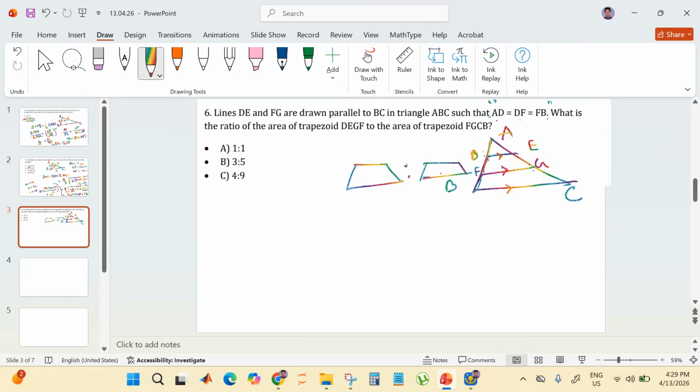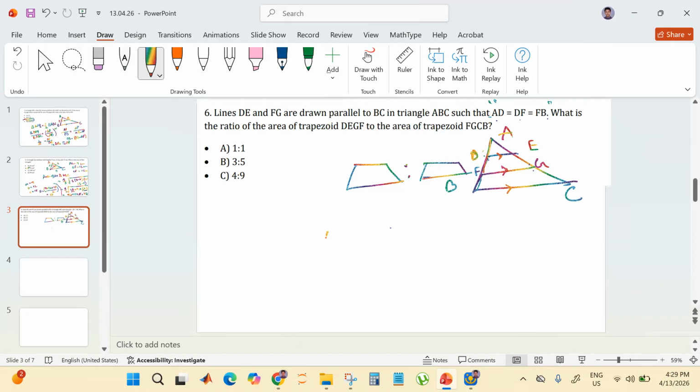How to find? Remember one thing, we know one important relation from the Thales theorem: if I find some parallel lines in such a way that they produce several triangles, then the triangle area ratio will be the square of the corresponding sides ratio.